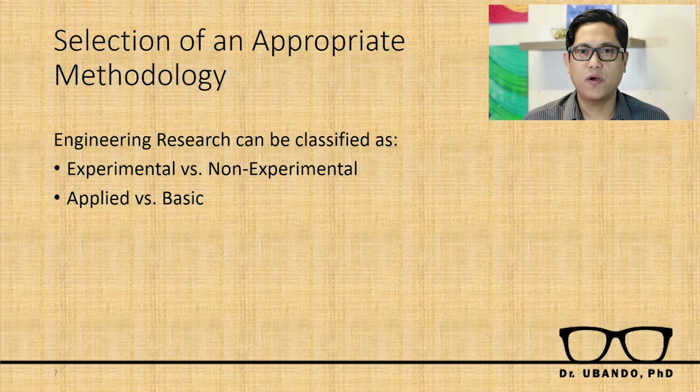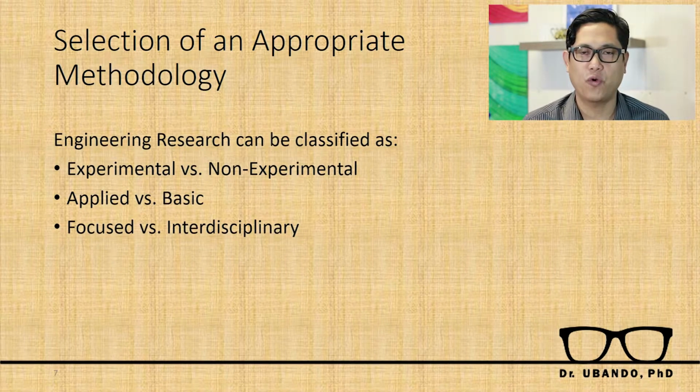Next, we also have to consider if the problem statement that we have selected is a focused research or an interdisciplinary research. When we say interdisciplinary, this would involve various fields of sciences or courses.